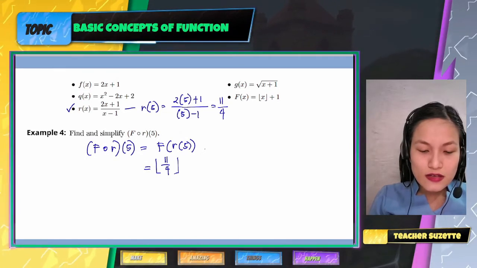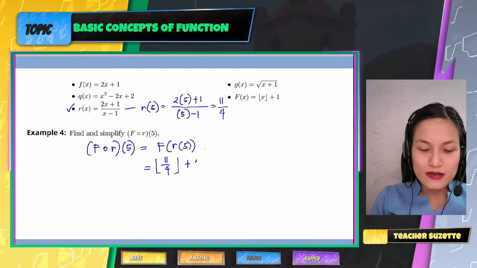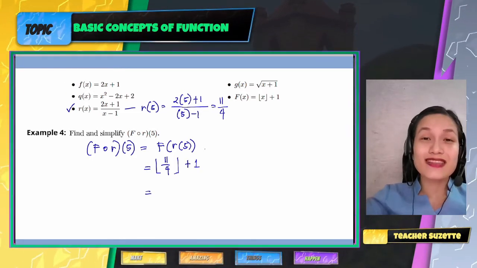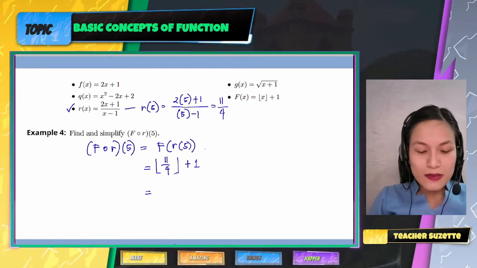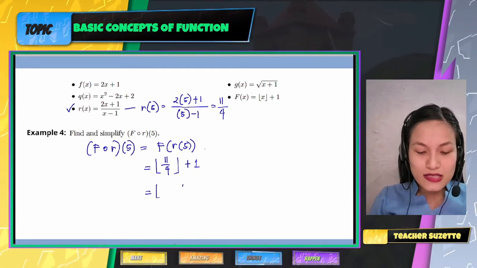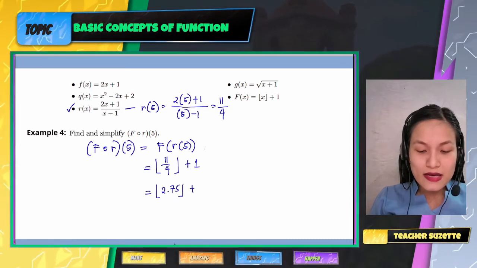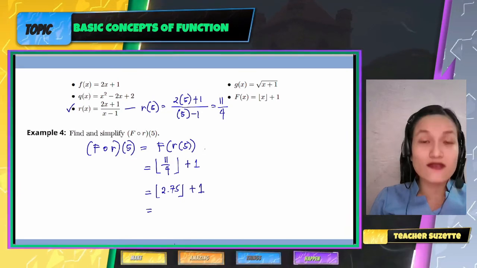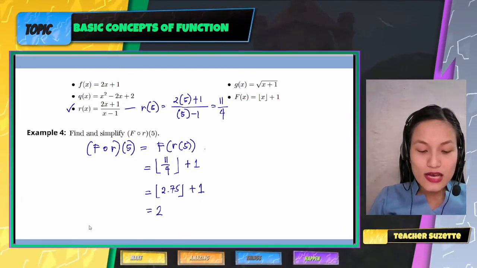So, greatest integer of 11 over 4 plus 1. So, what is the greatest integer of 11 over 4? Alam naman po natin, pagka kinompute yan sa decimal, that is 2.75 plus 1. So, ang 2.75 natin ay magiging 2 na lang plus 1.